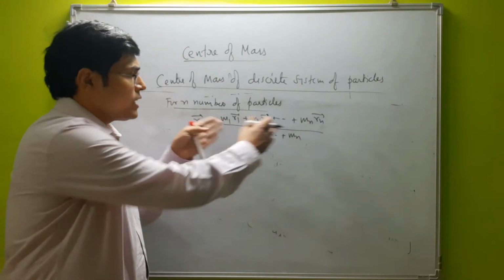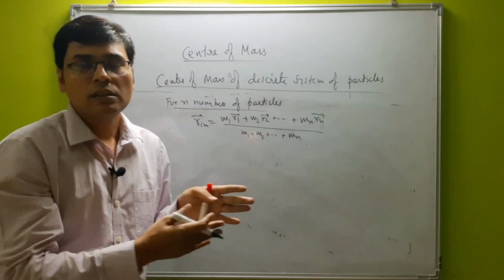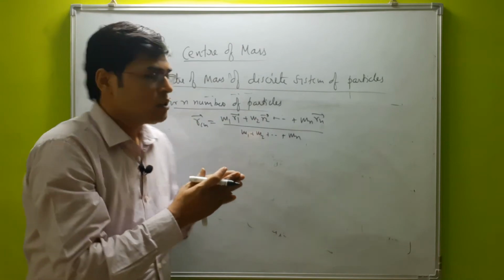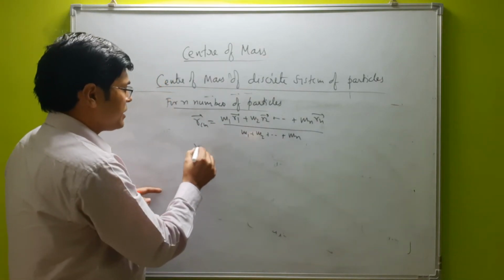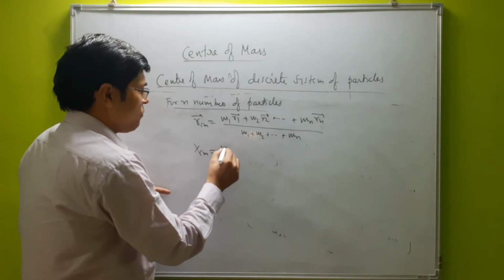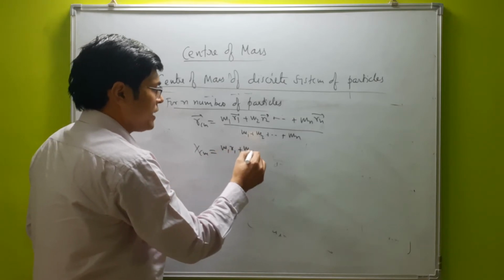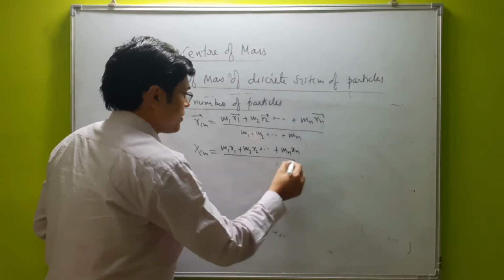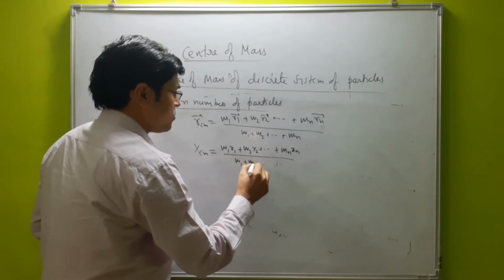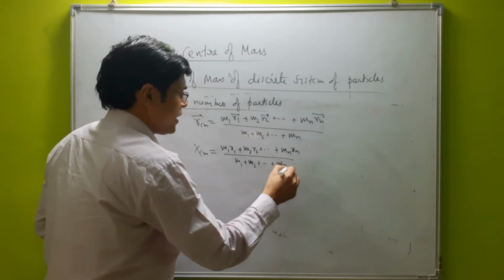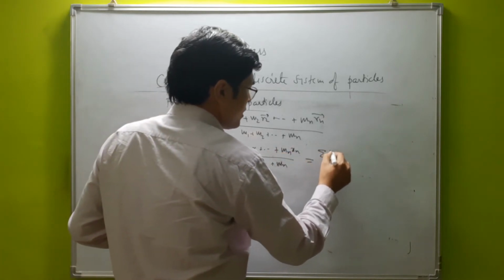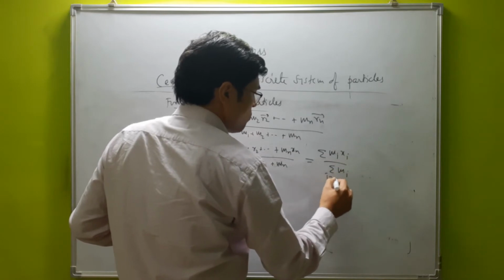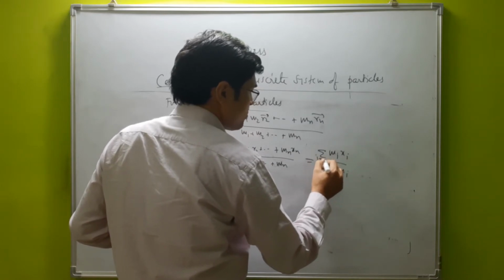And if we associate all the x components together, all the y components together, and all the z components together, the final result would be xcm equals m1 x1 plus, on the same pattern, up to mn xn, divided by m1 plus m2 and so on. So this can be further written as sigma mi xi by sigma mi, i from 1 to n, and again here i would be 1 to n.